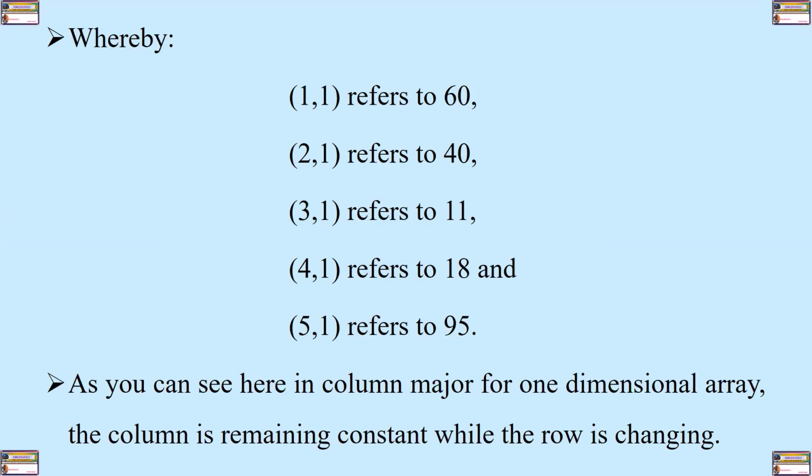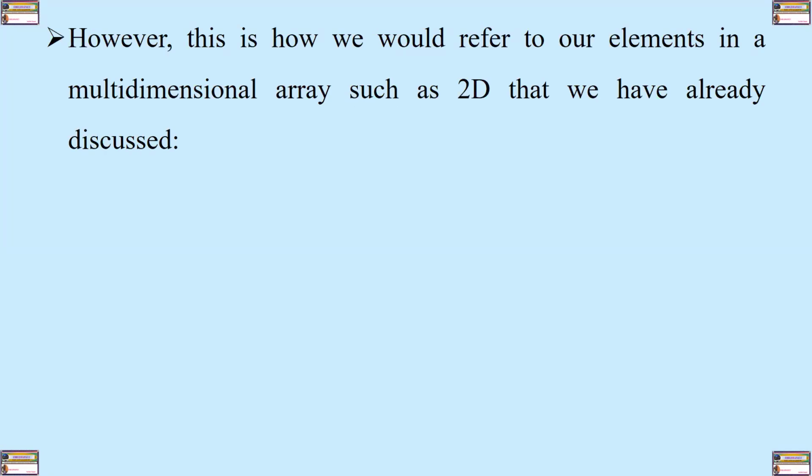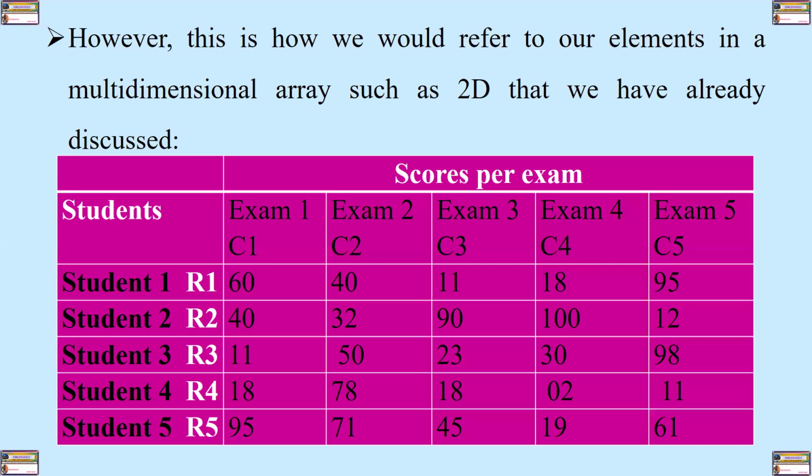So as you can see here in the column major for a one-dimensional array, the column is remaining constant while the row is changing, and that applies to all dimensions. However, this is how we would refer to our elements in a multidimensional array, such as the 2D that we have already discussed.